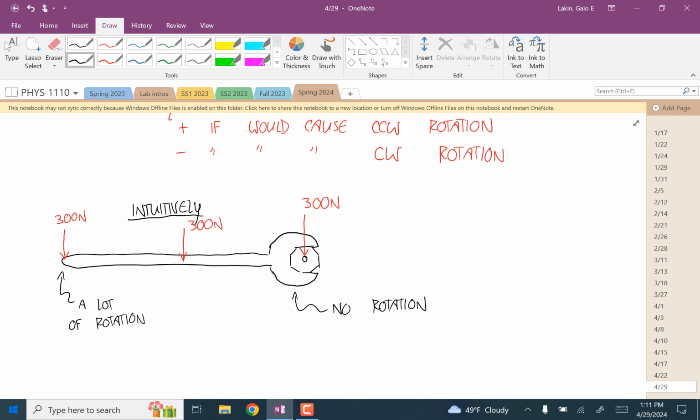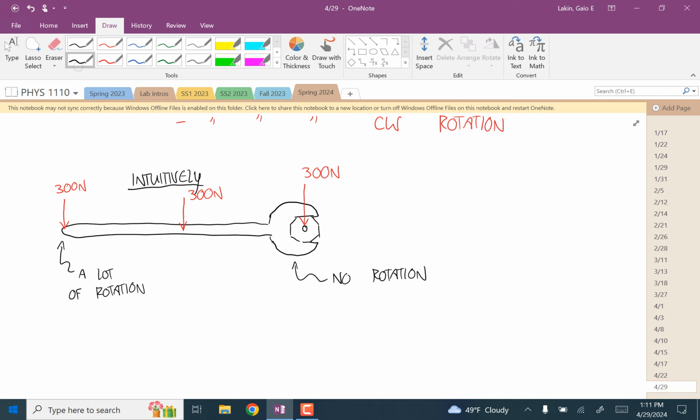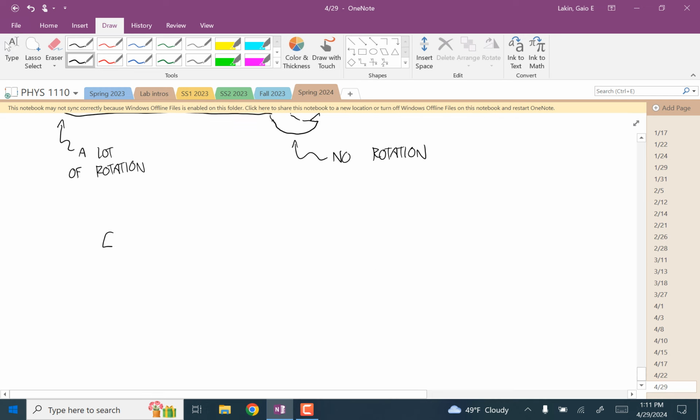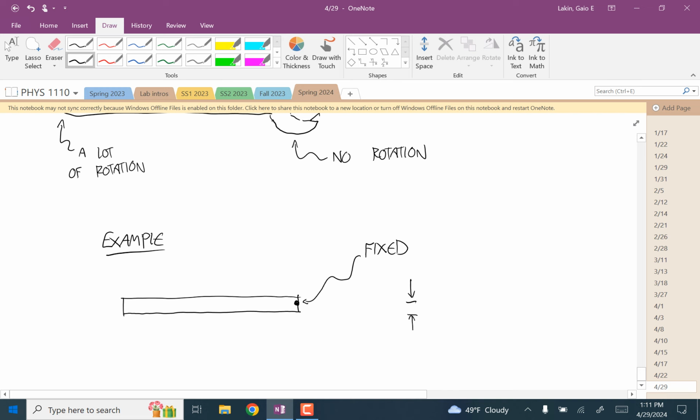Let me do one example problem and then we'll get out of here. So let's say that we have a board and the fixed point is over here. And let's say the thickness of the board is 10 centimeters, so 0.1 meters.